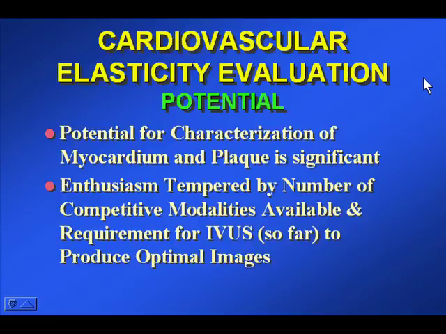However, there are a number of methods that compete with strain imaging for evaluation of infarcts and other abnormalities. In addition, all the really high quality images of vessels have occurred using intravascular imaging, which is expensive and very invasive. So a method for performing strain imaging from external to the vessel without having to insert a catheter will be required for this to really become popular.